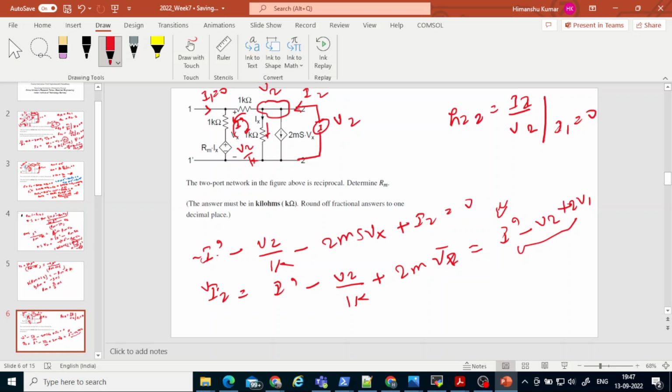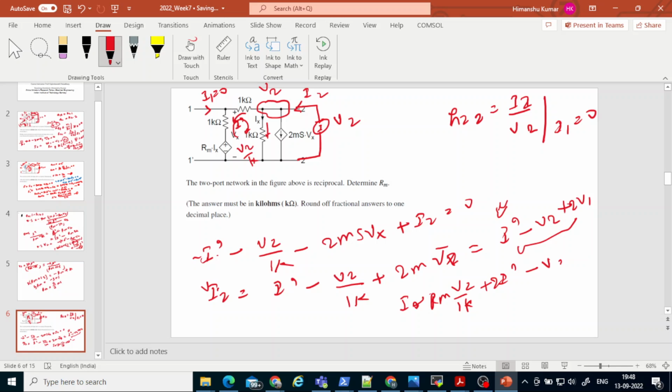It is Rm times Ix, and Ix is V2 by 1k, plus 2 times I dash, because this I1 is 0, minus V2 equals 0.